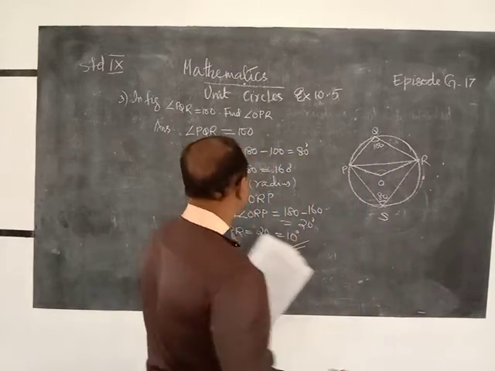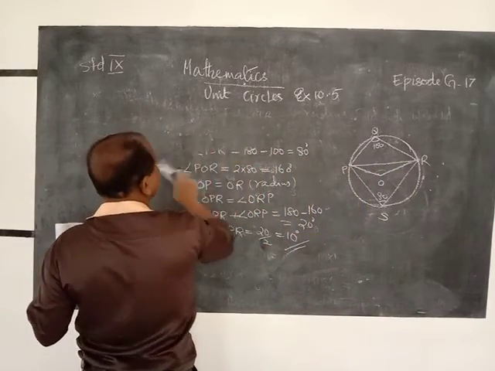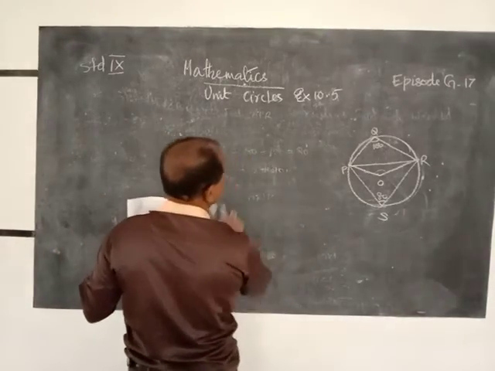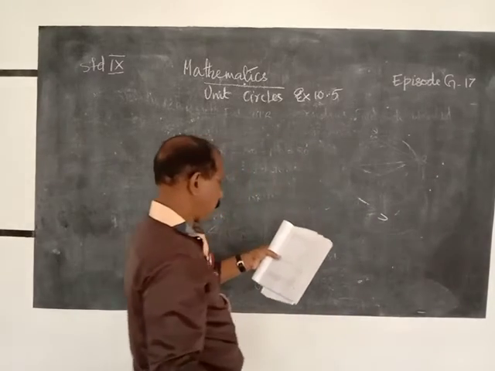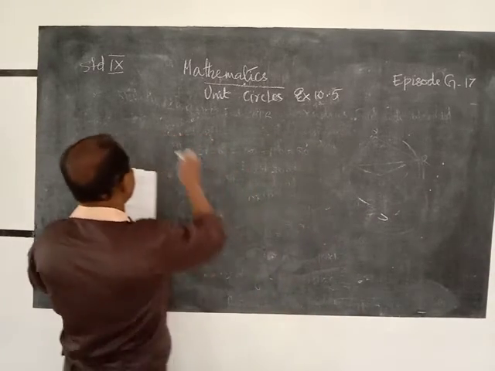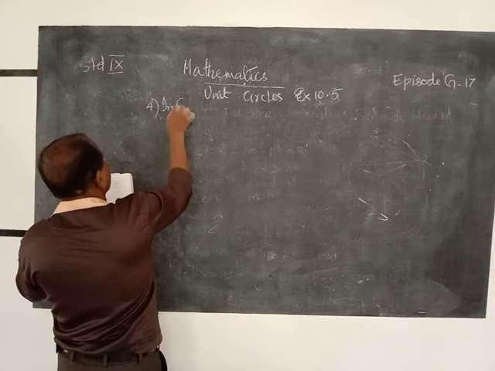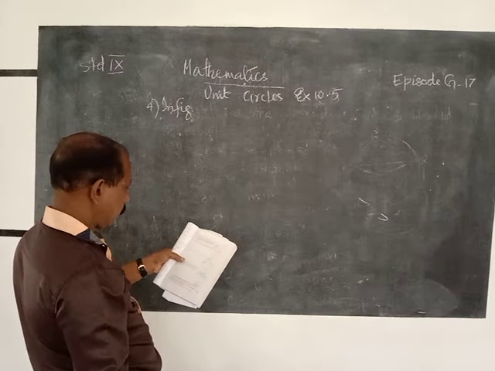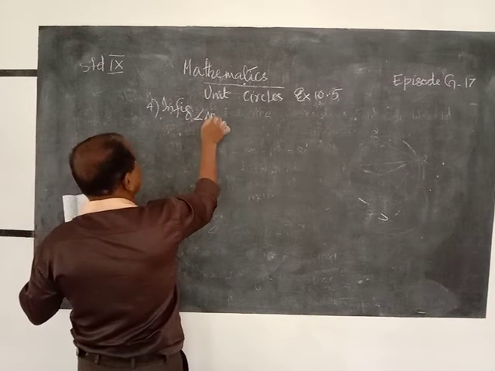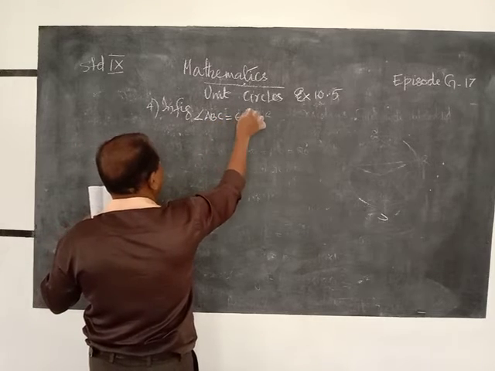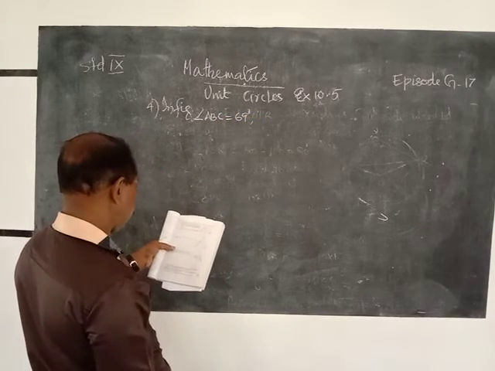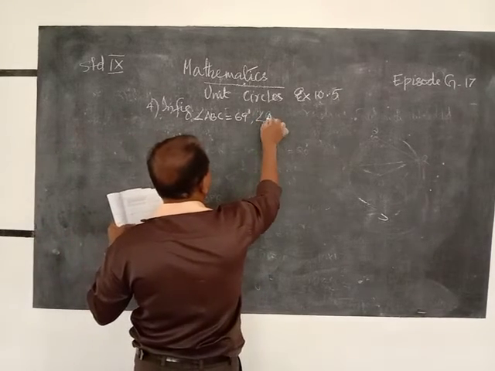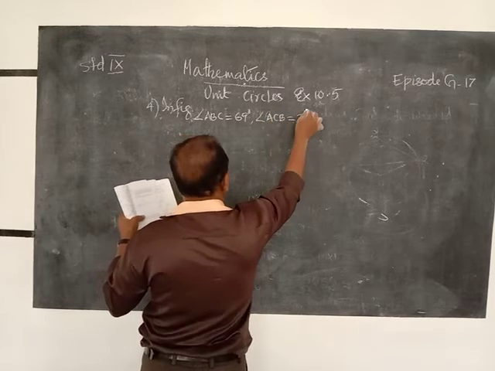Then question number 4. In the figure, angle ABC is equal to 69 degrees. Angle ACB is equal to 31 degrees.